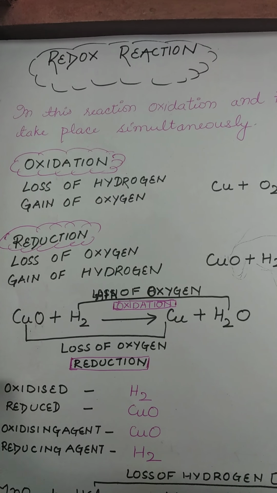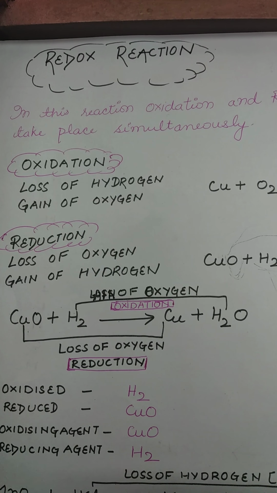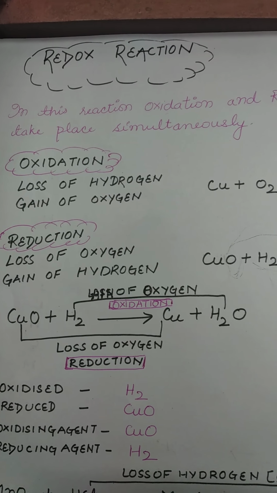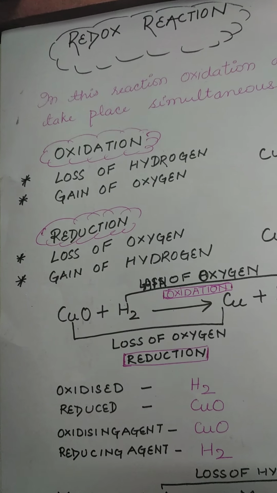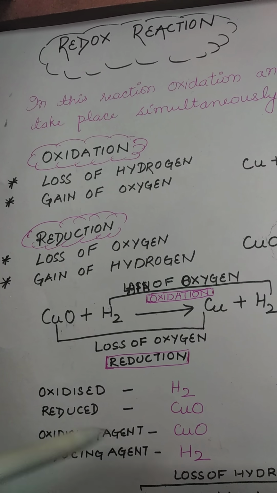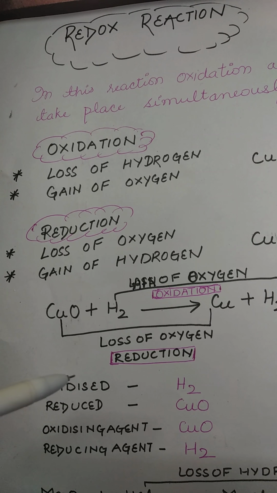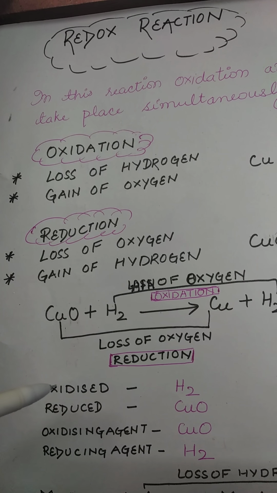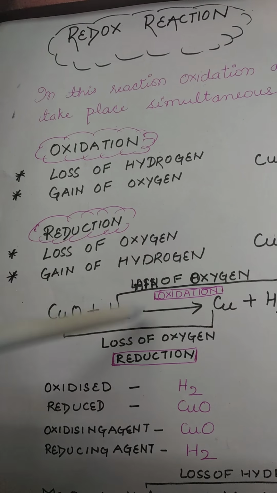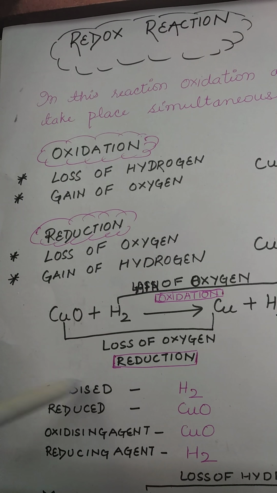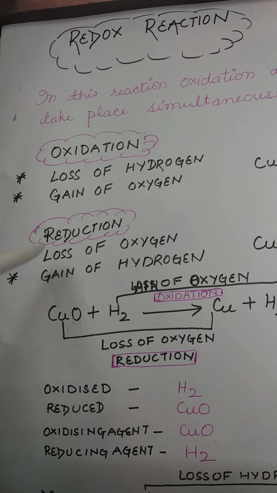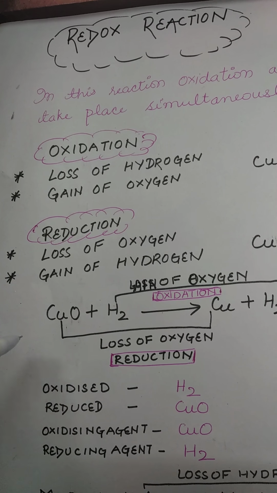Now in the examination, generally a question comes, that is, name the substance oxidized, name the substance reduced, name the oxidizing agent and reducing agent. Children, just make sure that you have to consider only reactants in these cases. Majority of children commit this mistake. They tend to write products in the answer.